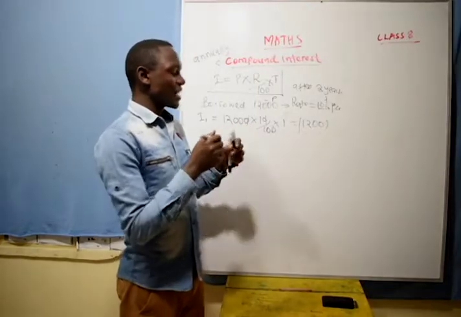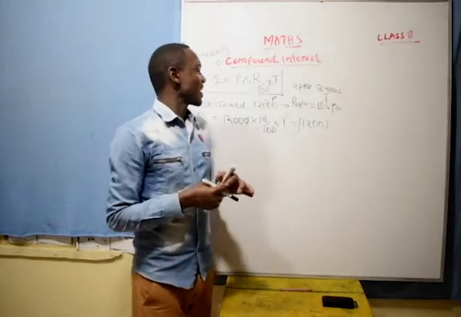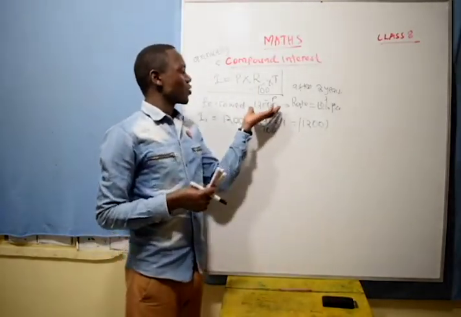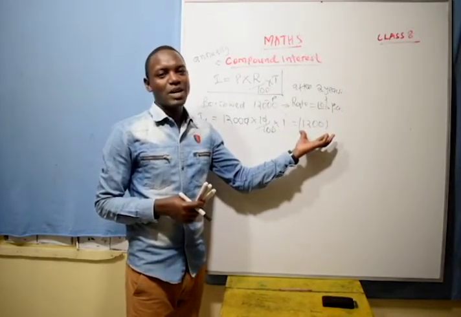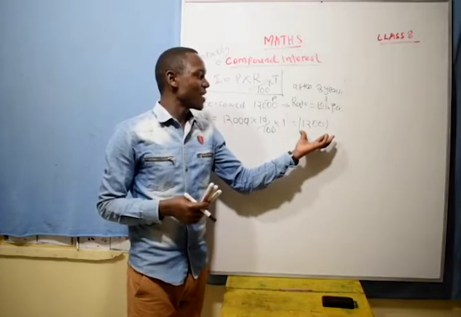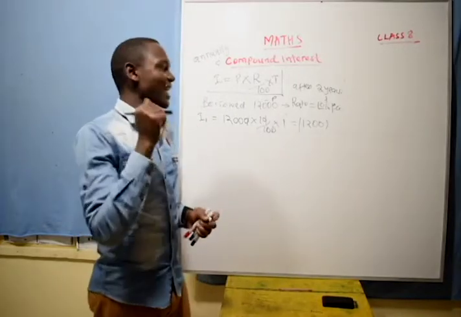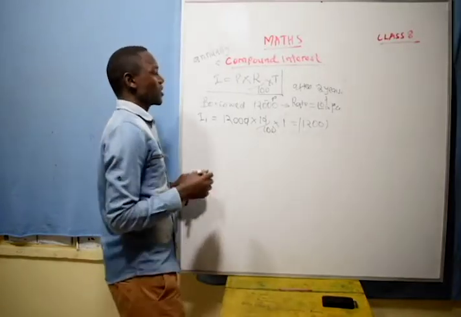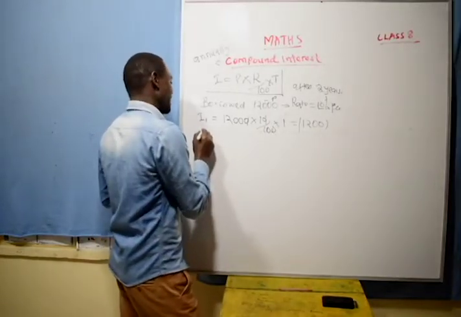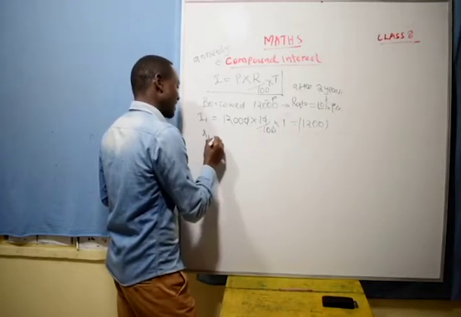Then at the end of the first year, you'll have 12,000, the amount of money you borrowed, plus the interest, the amount of money you'll have earned at the end of the first year. So at the end of the first year, the amount owed will be amount 1.